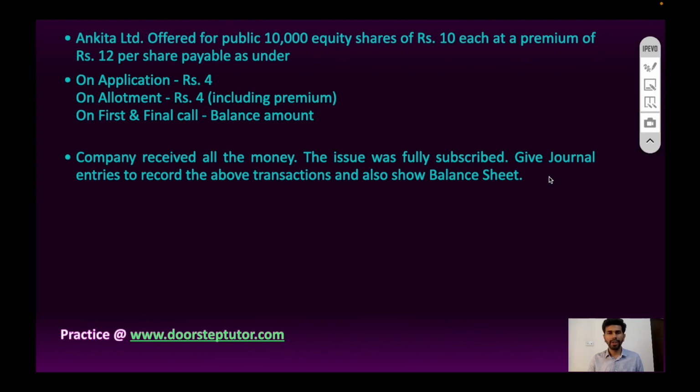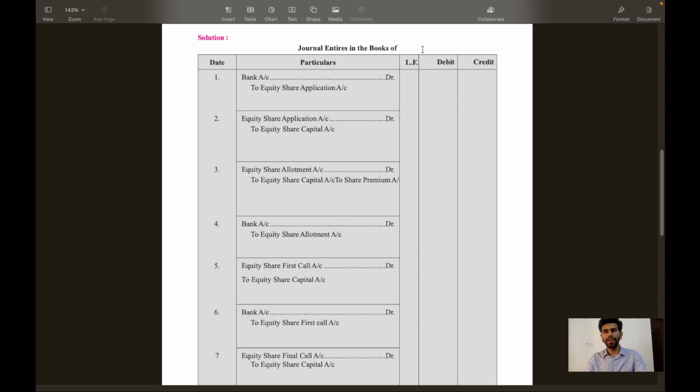Let's start with the journal entry. In the books of Ankita Limited, the first entry will be on receipt of application money on 10,000 equity shares, 4 rupees per share.